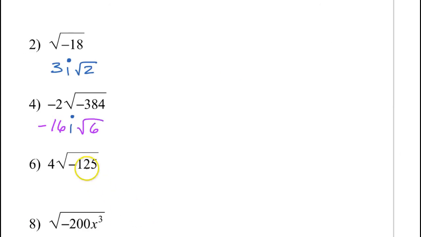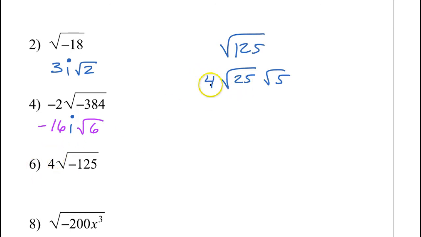Looking at problem number 6, I'm not going to need the factor tree for this because I'm looking at the square root of 125. I know that this is 25 times 5 because 5 quarters would make $1.25. So I've got the 4 out here times 25 times 5.